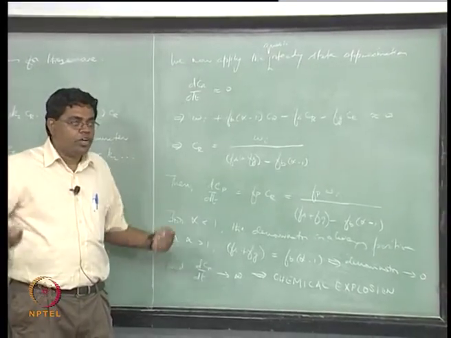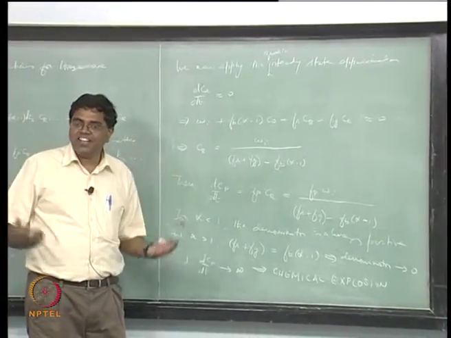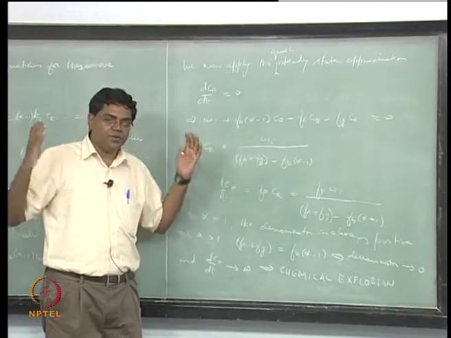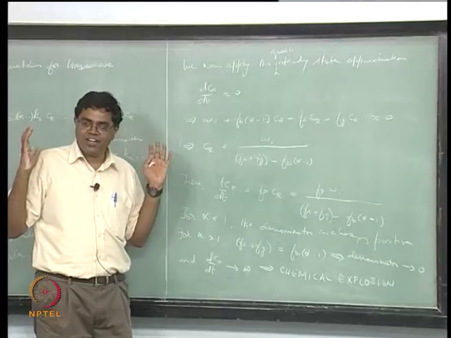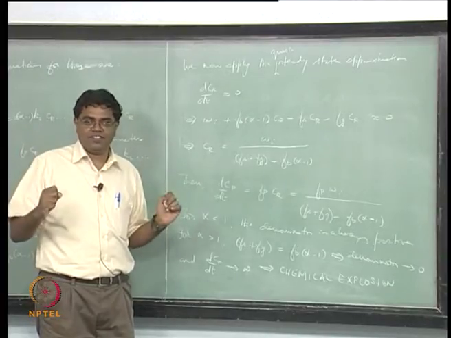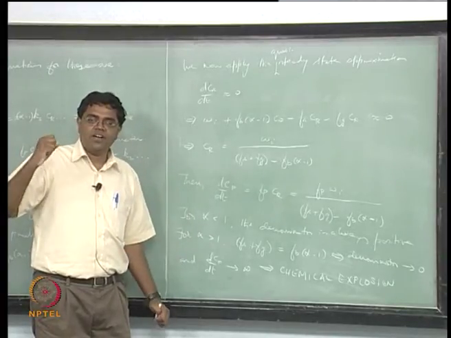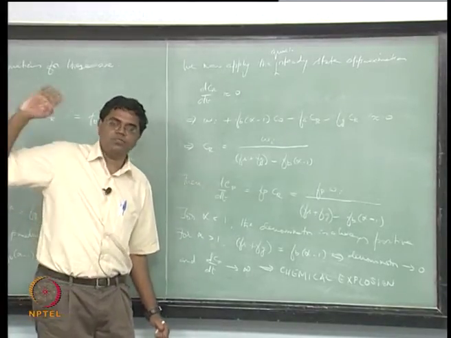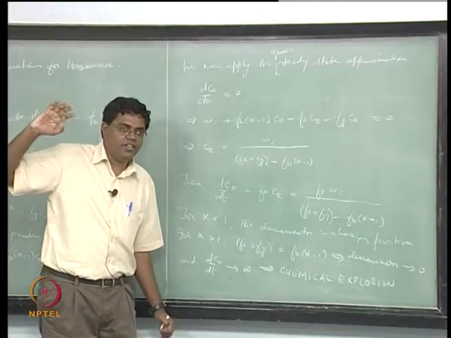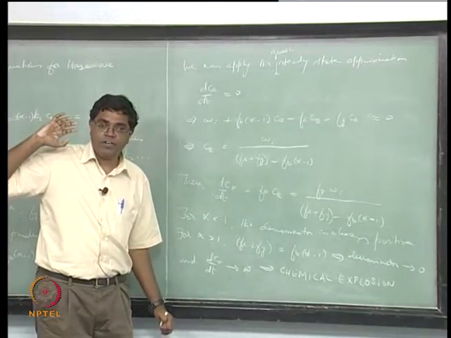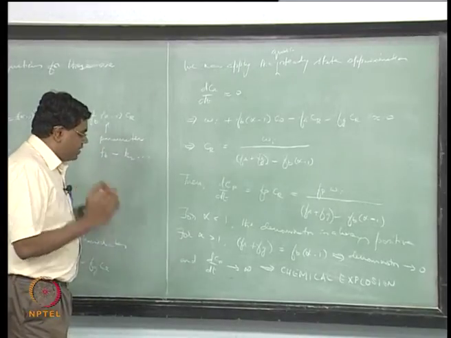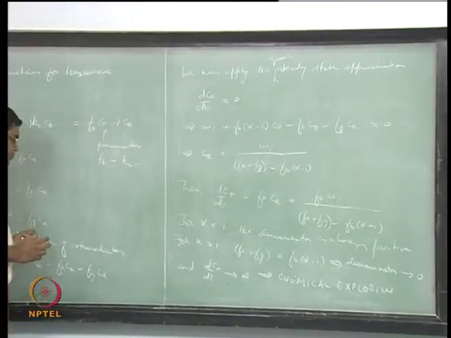You are now going to be continuing to produce products like crazy. The rate of production of products is just going to go on and on, very high. So the intermediates are actually playing a sustained role in a continuous production of products at a very infinite rate, right? So this is essentially the basis of chemical explosion.